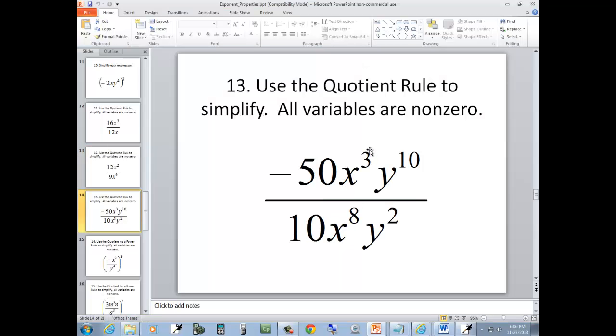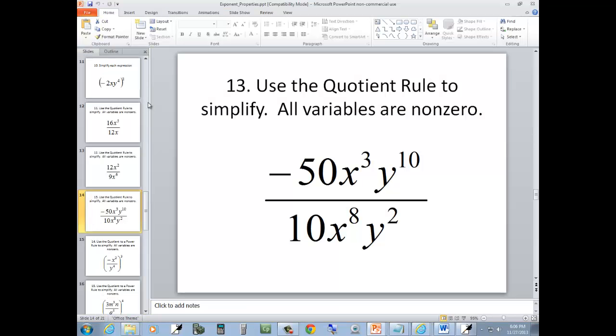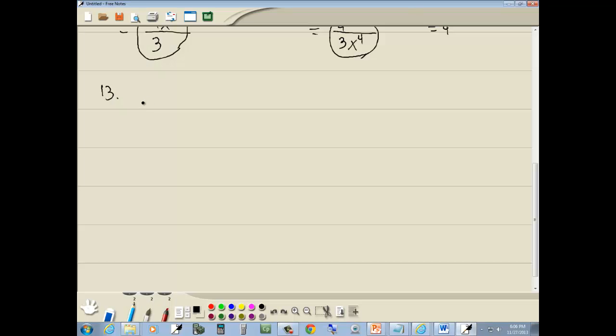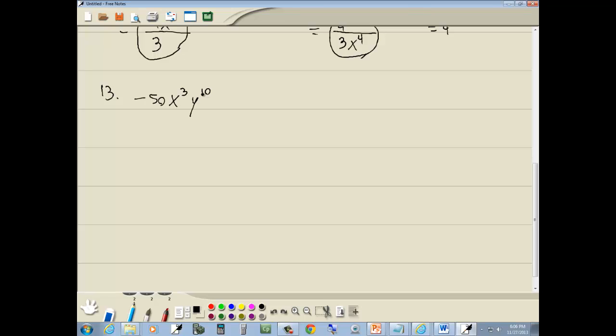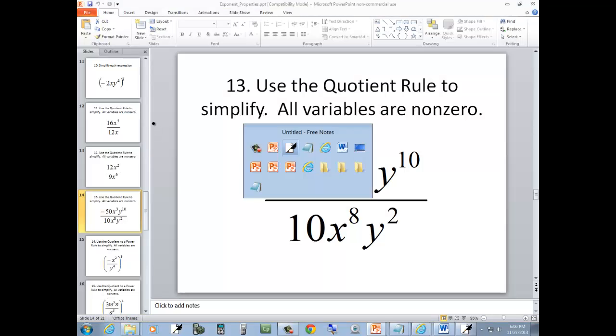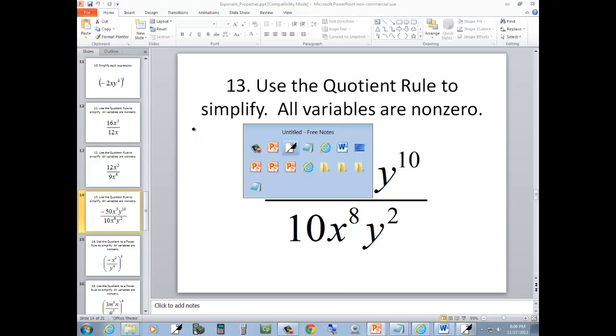So let's take a look at this one. We got negative 50, x to the 3rd, y to the 10th, over 10, x to the 8th, y squared.